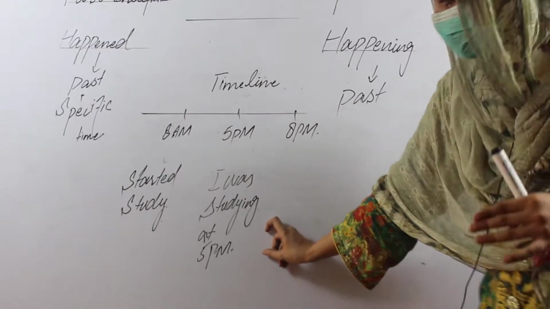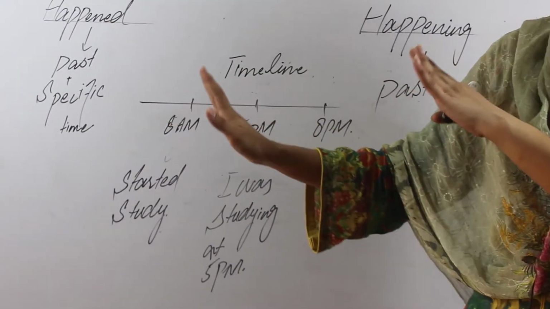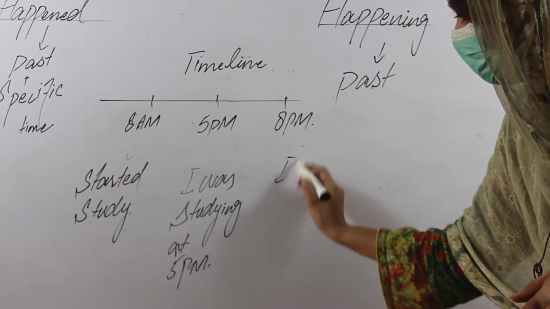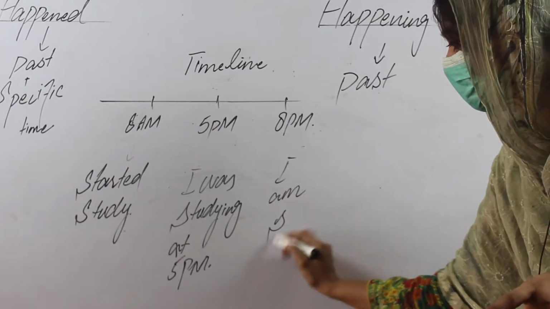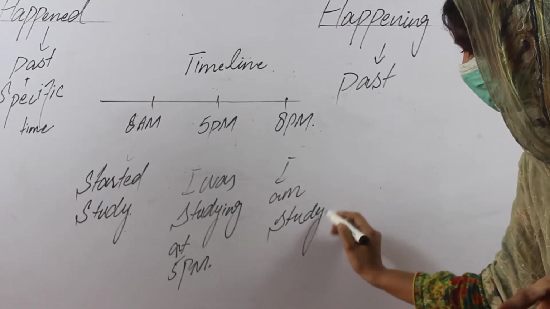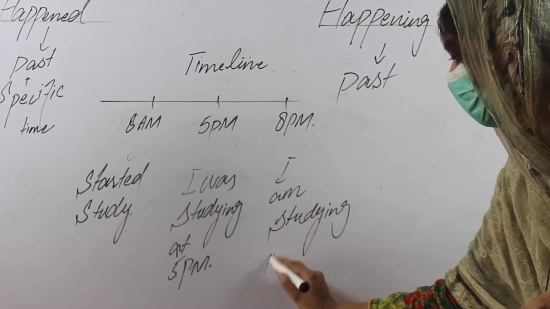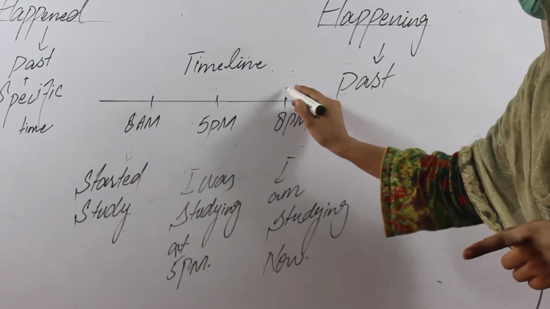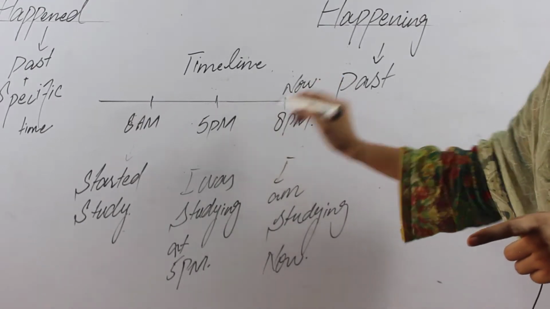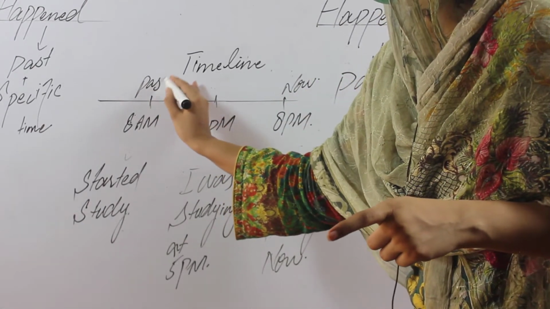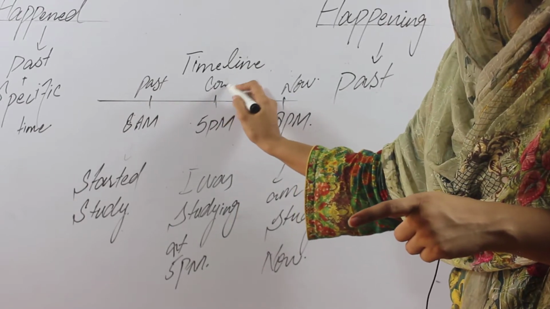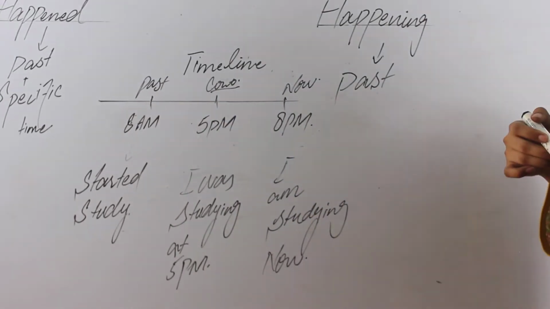I was studying in the past, but now I am studying at 8. Now you can say that this one is now, this one is past, and this one is continuous. This is the description.